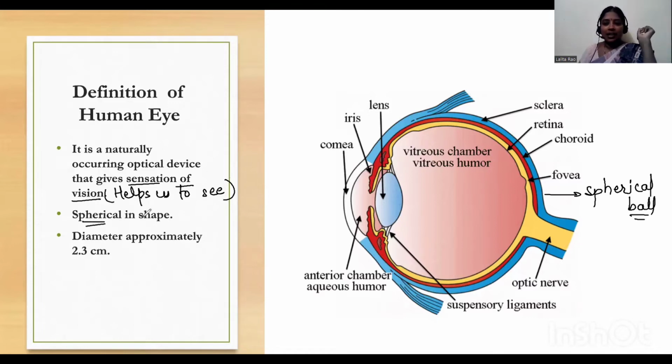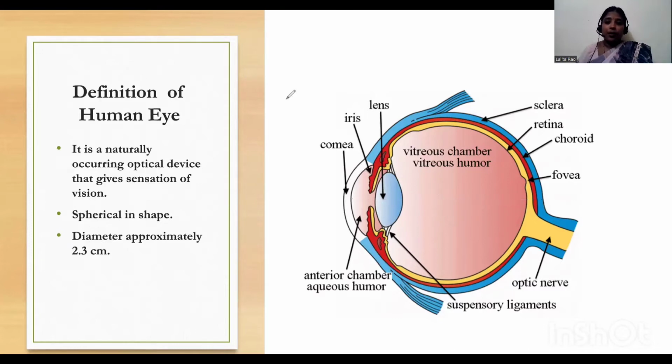And the diameter of this spherical ball is around 2.3 centimeter. So the human eye is a naturally occurring optical device which gives us the sensation of vision, it is spherical in shape like a ball, and its diameter is 2.3 centimeter.